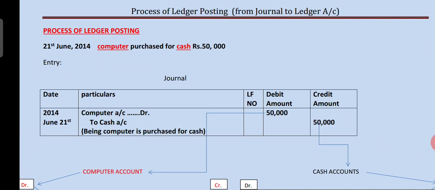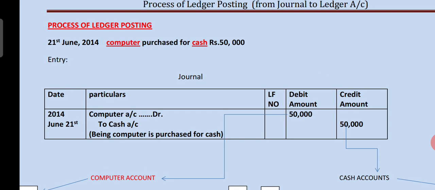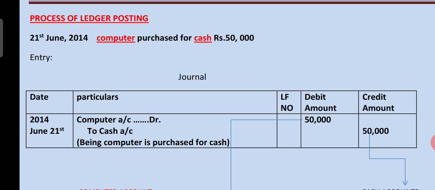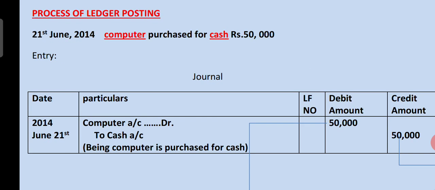So here we begin with a journal business transaction. One business transaction is given here, that is on 21st June 2014 a computer purchased for cash rupees 50,000.